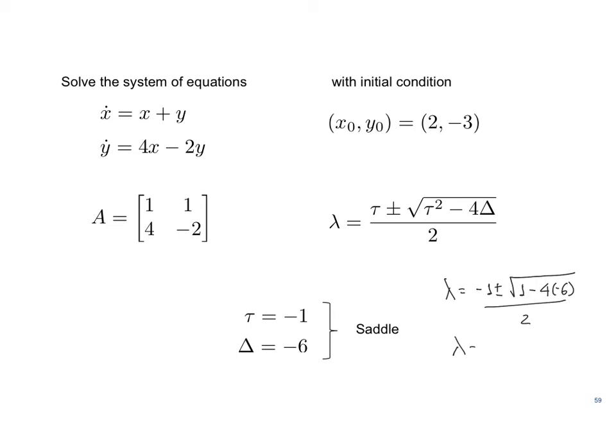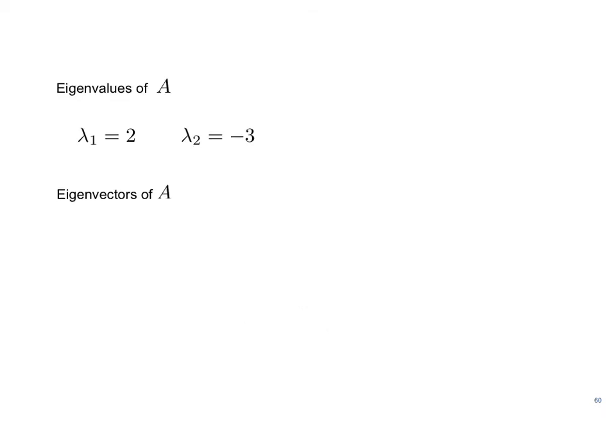So this is equal to minus 1 plus minus the square root of 25 over 2, and this is minus 1 plus minus 5 over 2. Okay, so we have two solutions already, 2 and minus 3. So we have the eigenvalues.